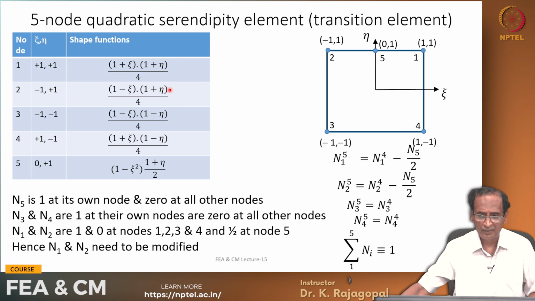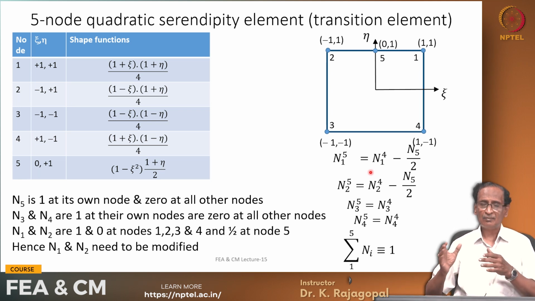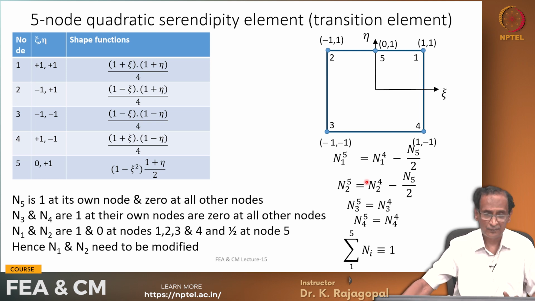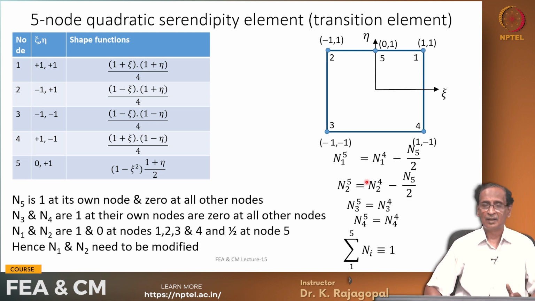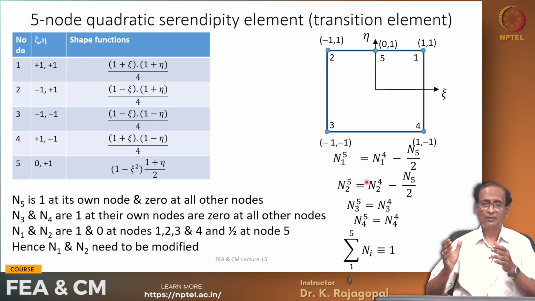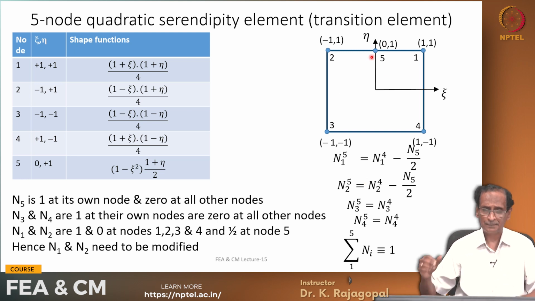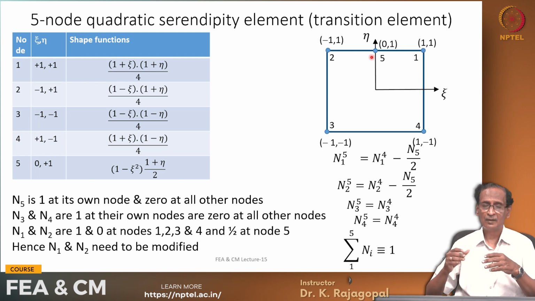See, for the 5 node element we got these shape functions, but if you assume a polynomial and derive using the generalized coordinate method, you will see that you will not get the same shape functions, because earlier we got the same shape functions whether we used the Lagrange method or the generalized coordinate method, because we were applying the procedure for a purely Lagrange element, but these transition elements are not Lagrange elements, these are something else.